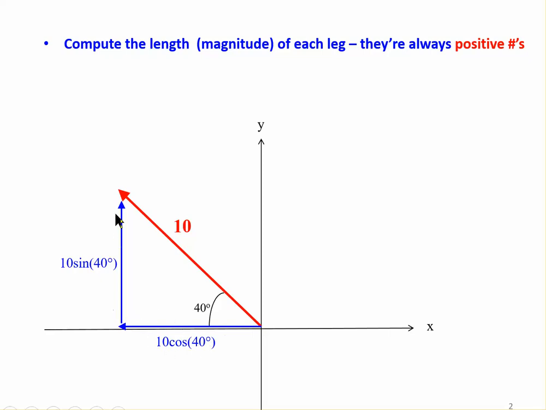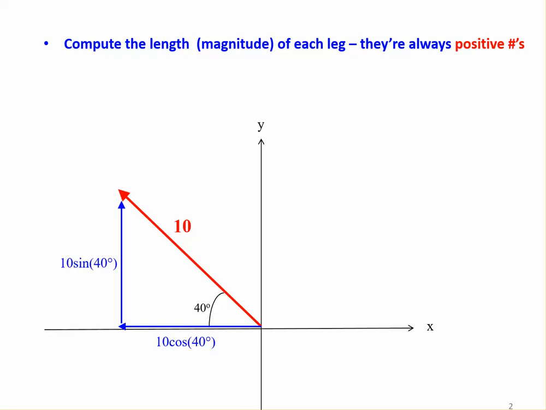The length of this side is 10 sine of 40 degrees. Notice there's no minus signs floating around, like this, for example, isn't minus 10 cosine 40, because when I put this here, that means I'm writing the length of this vector, the magnitude, and that has to be a positive number. I agree the arrow is pointing to the left, but the magnitude of the vector is still a positive number. And when you label vectors, you put the magnitude next to the vector, so that's always positive.